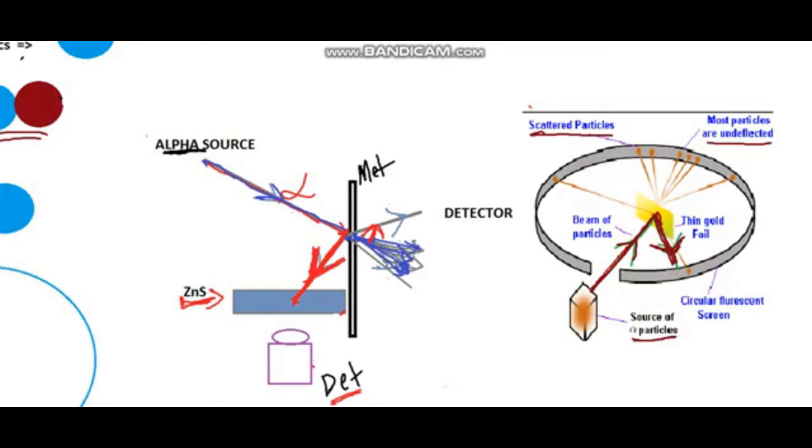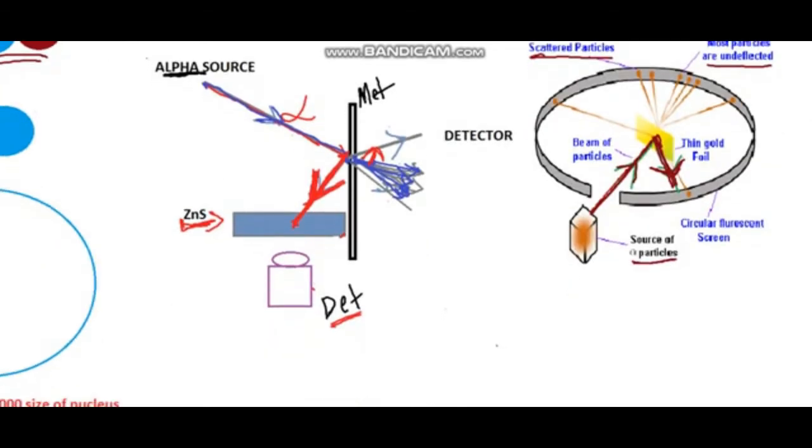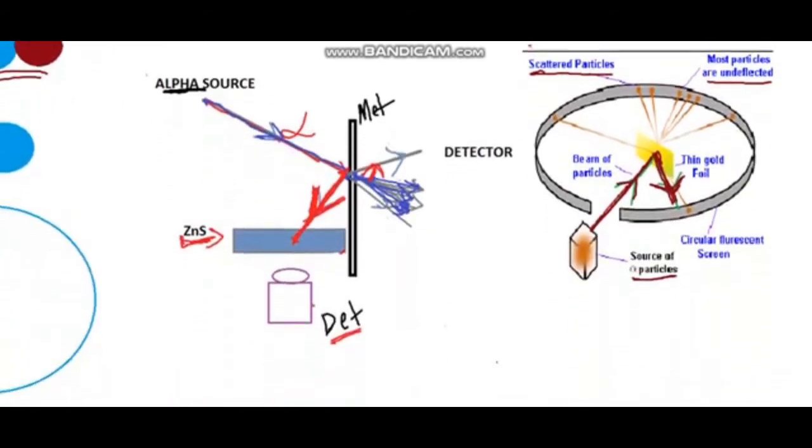You can use any other metal plate, but here we use thin gold foil. Gold is one of the best materials to make very thin layers. That's why they used gold here.